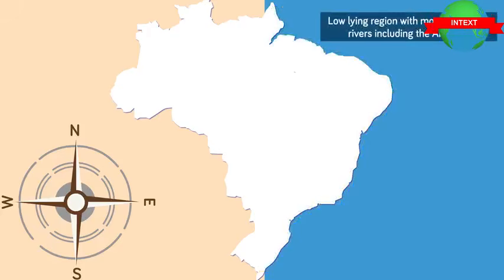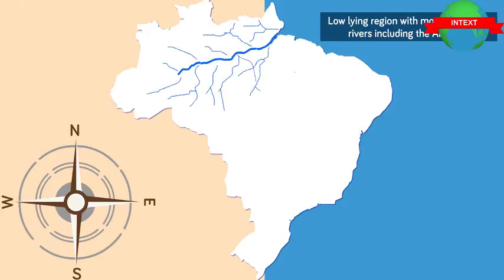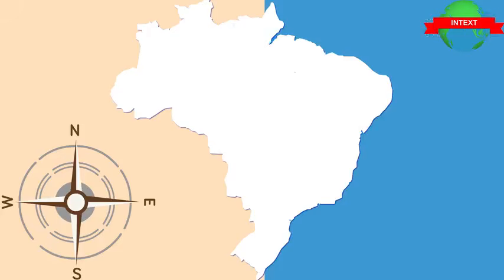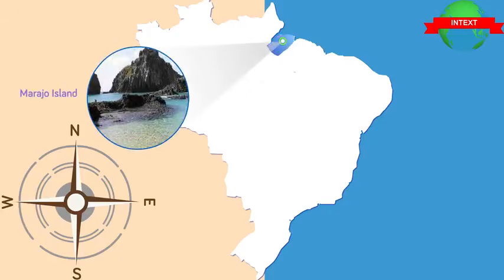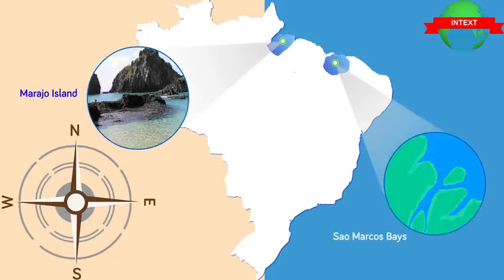The northern coast, a low-lying region, is characterized by mouths of many rivers, including the Amazon. On this coast lie the Maranhão Island, Maranhão and São Marcos Bays.